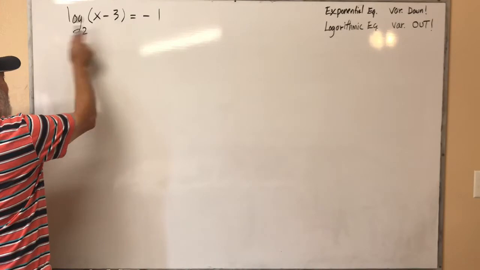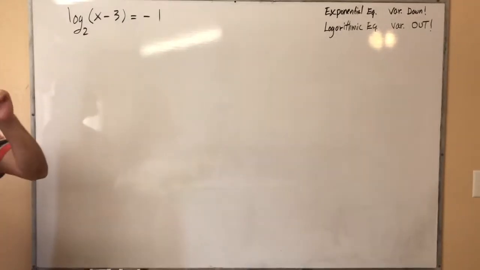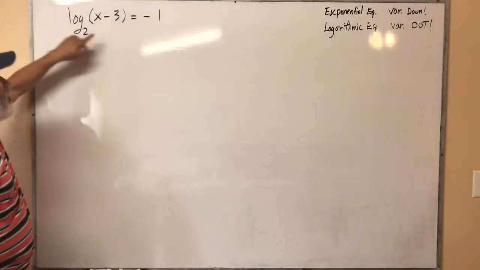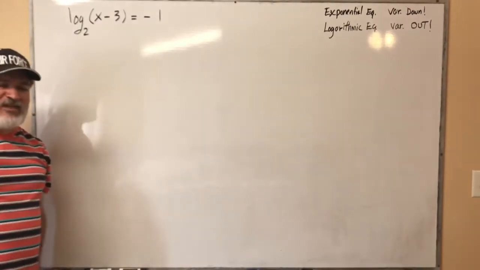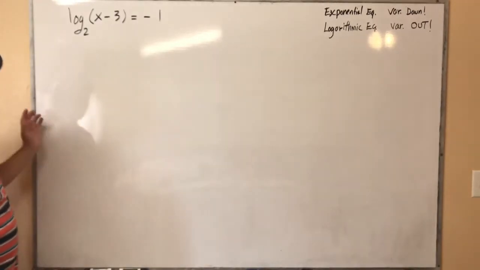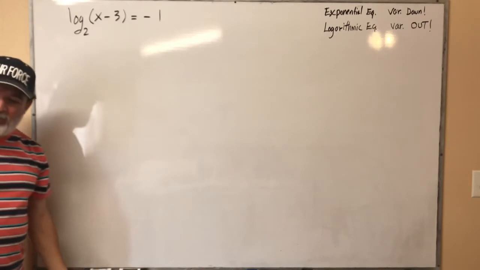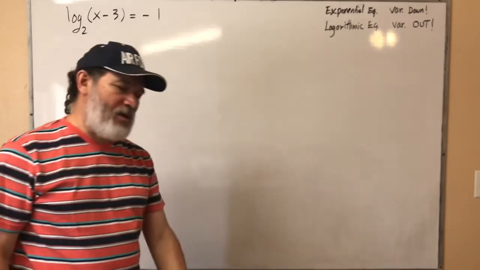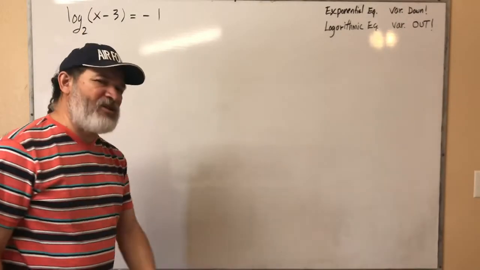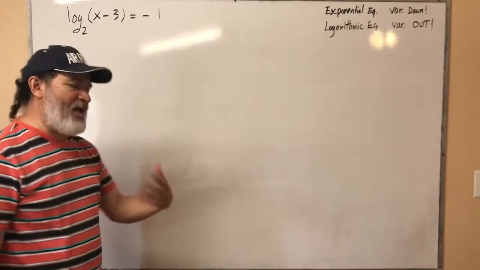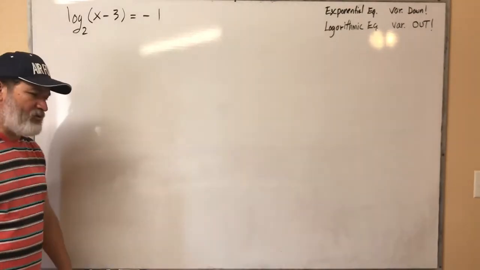It needs to come out from the argument of the logarithm. Okay, how do you get it out? There's different ways. Here's what I always use.